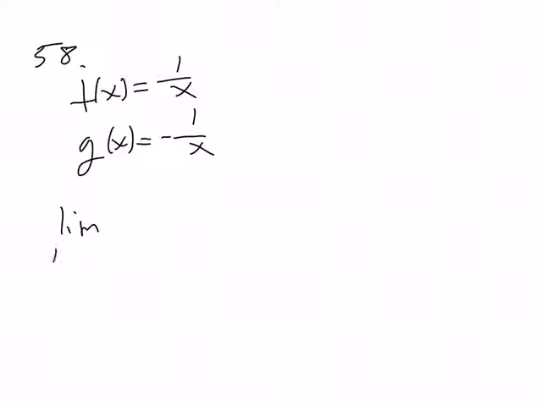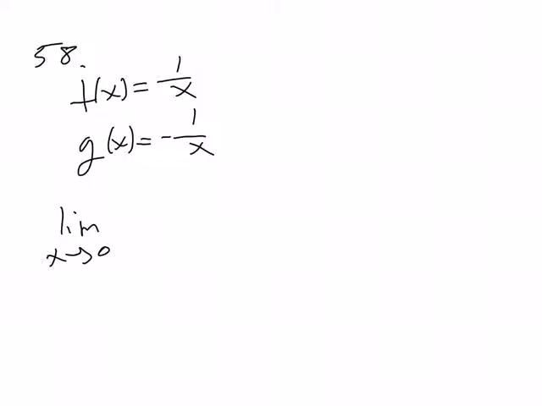The simplest solution to this is taking f of x equals 1 over x and g of x equals negative 1 over x. If we want a to be any number, we'll do this differently, but let's first say 0. We need a specific number, so we're going to have 0.